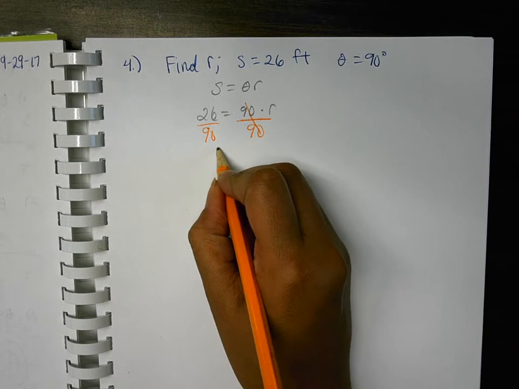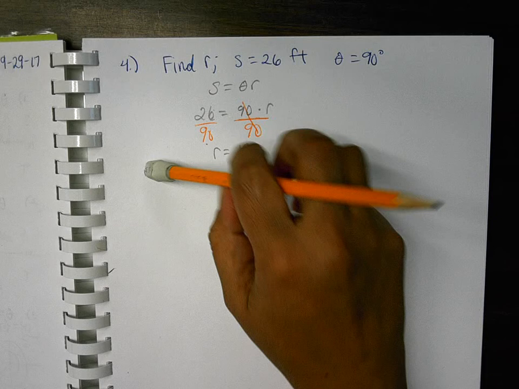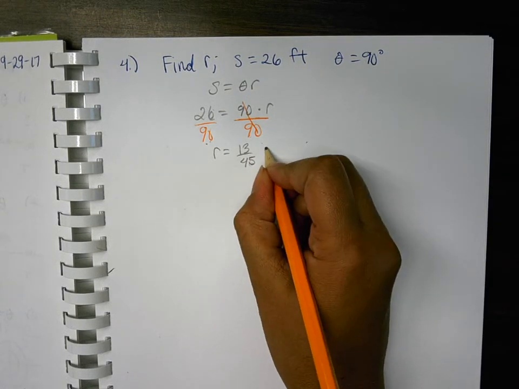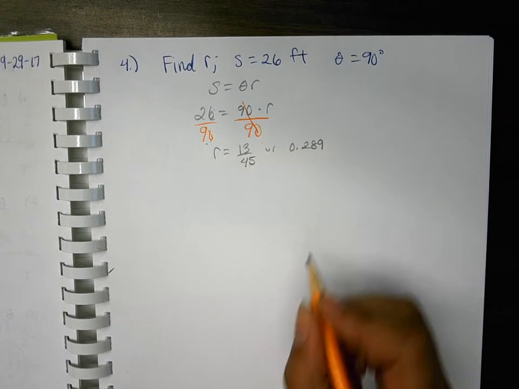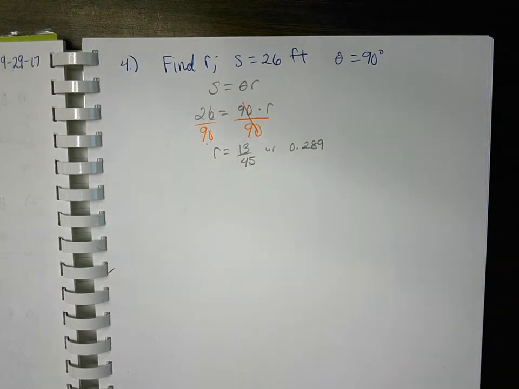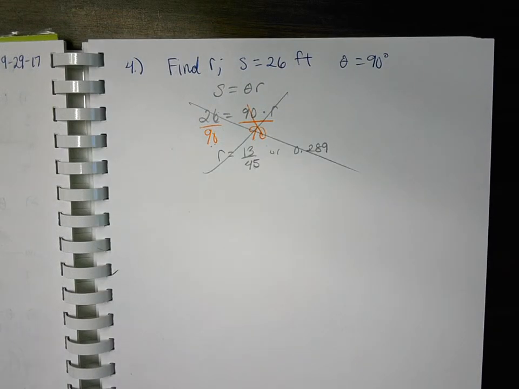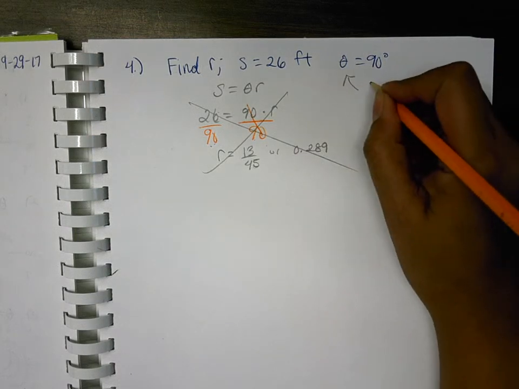And what did it reduce to? 13 over 45. And what was the decimal? 0.289. And nobody's going to stop me? No one's going to say, hey, wait a minute, Mrs. Torres, you've done something wrong. Yes, theta has to be in radians. Good job. Theta has to be in radians.